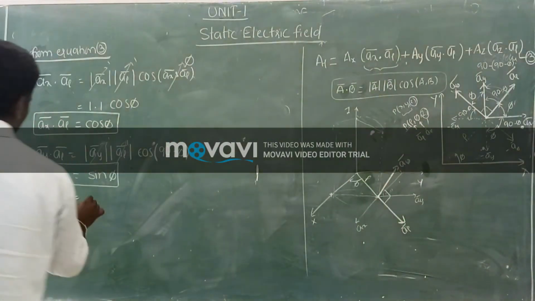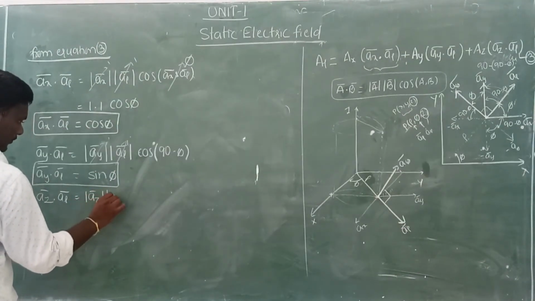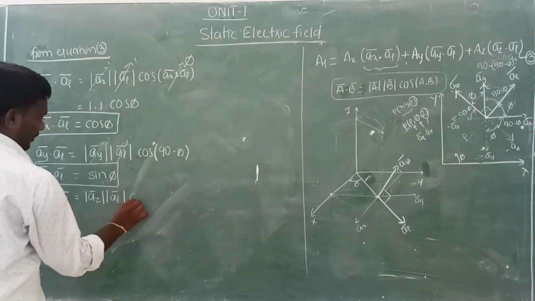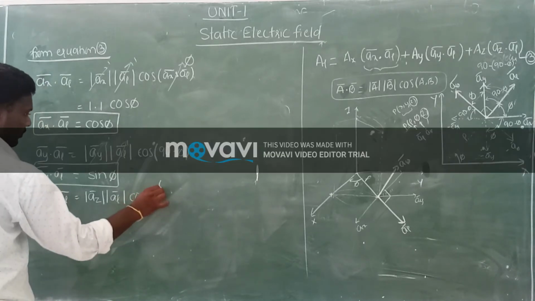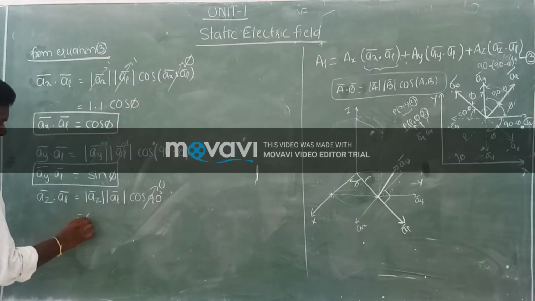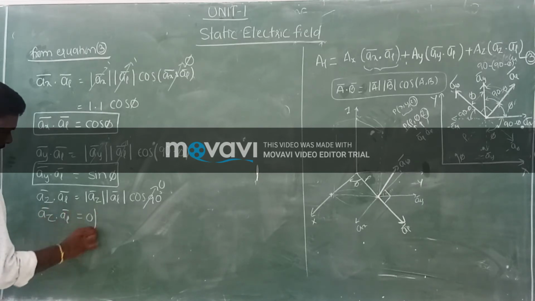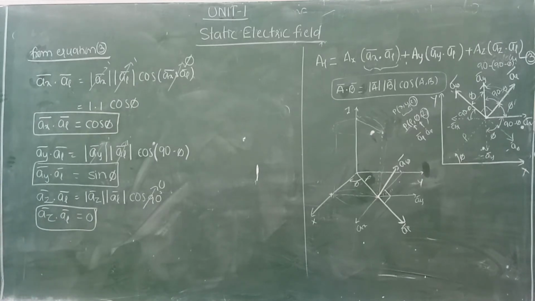So the magnitude of a_z bar, magnitude of a_rho bar, and cos of 90 degrees, which is 0. So 0 into something is 0. So a_z bar dot a_rho bar is equal to 0. Now substitute all these dot product values in equation 3.